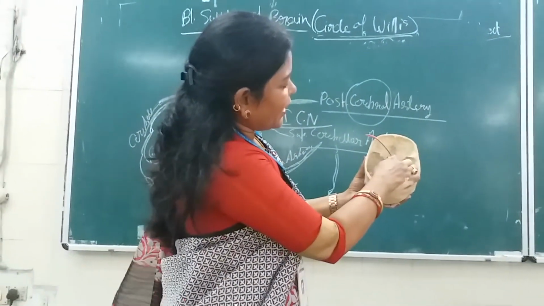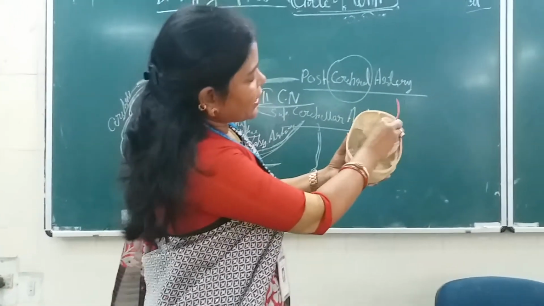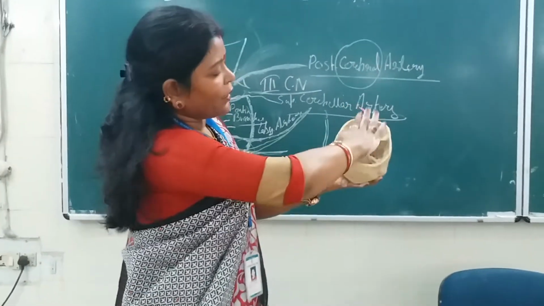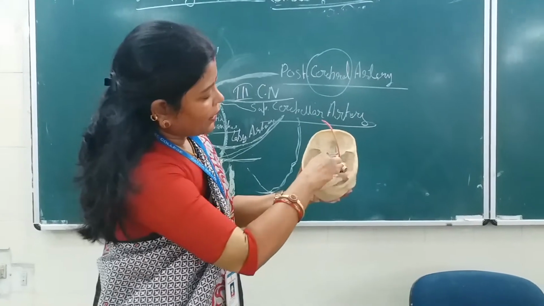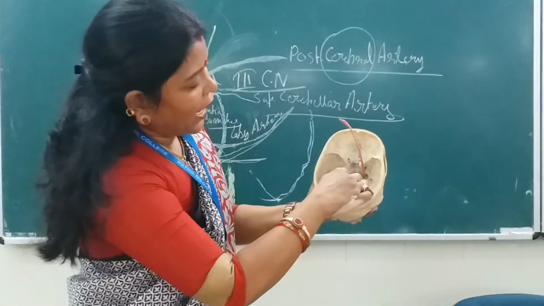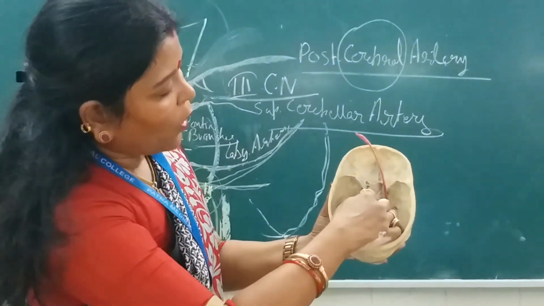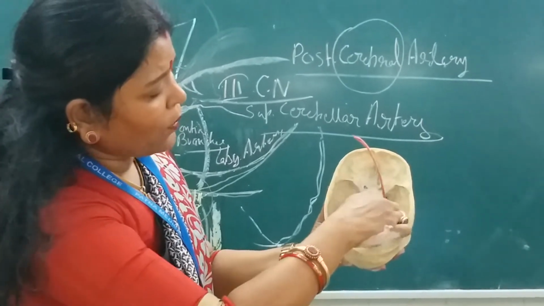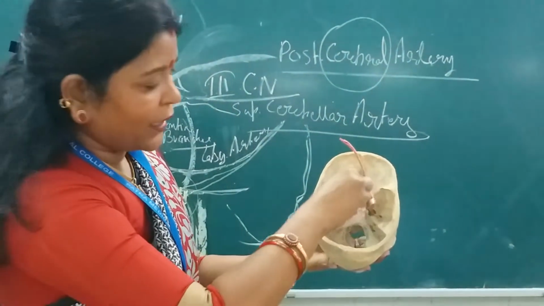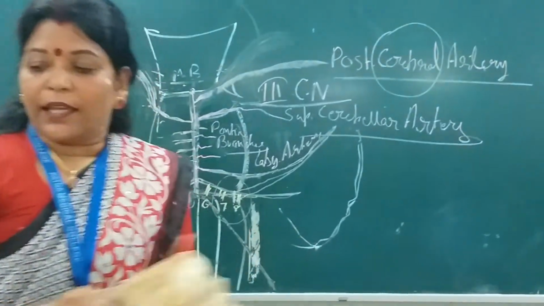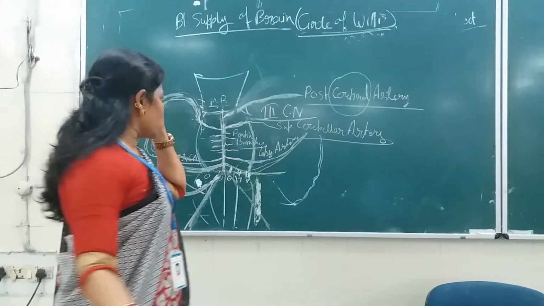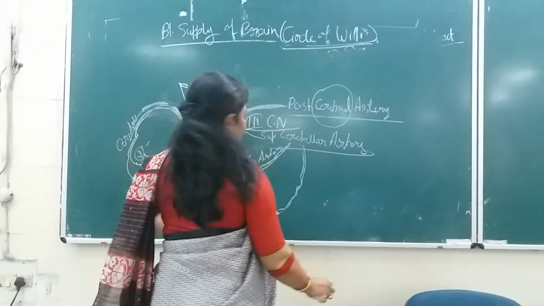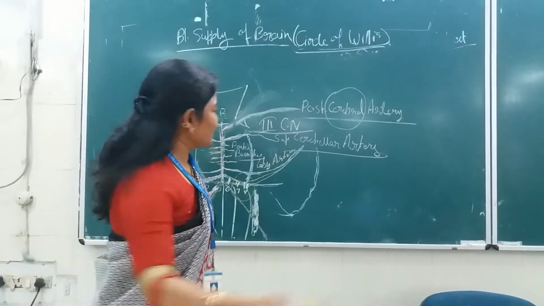The interpeduncular fossa is situated more or less in this area. There the brain will rest. This is the base of the skull, and this is the sphenoid bone. This is the anterior clinoid process. This is the optic canal. So around this area, there is an area of the brain known as the interpeduncular fossa. Have you read about the interpeduncular fossa? What are its boundaries?